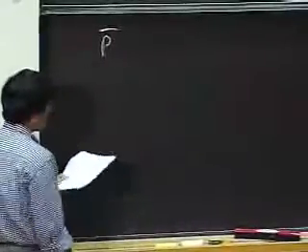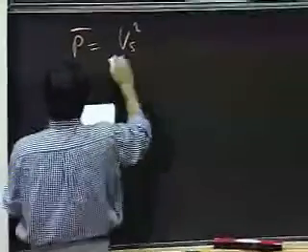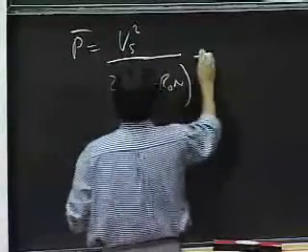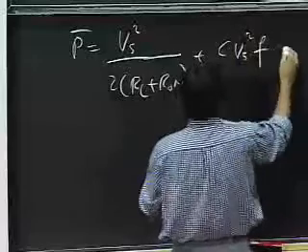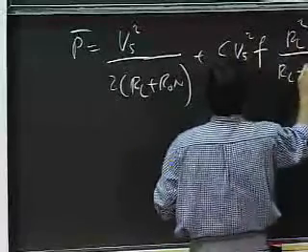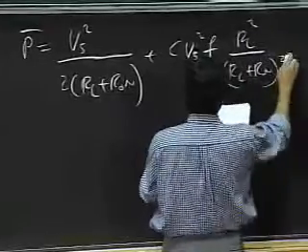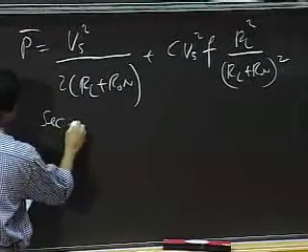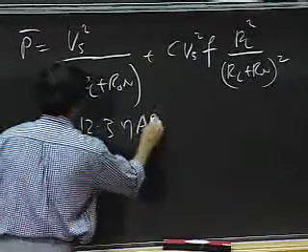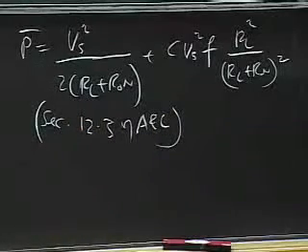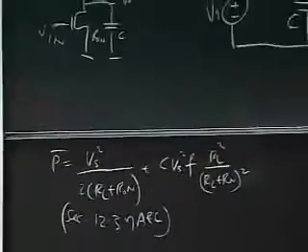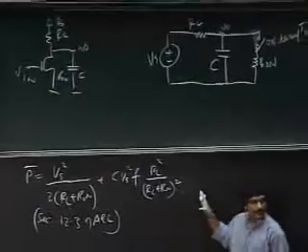Suffice it to say that you can show that the average power is given by Vs squared over RL plus Ron, plus C Vs squared F times RL squared over RL plus Ron squared. For details, I suggest that you look at section 12.3 of the course notes. Section 12.3 goes through the algebra to compute the total power dissipated by this specific circuit, and here's the expression we get.